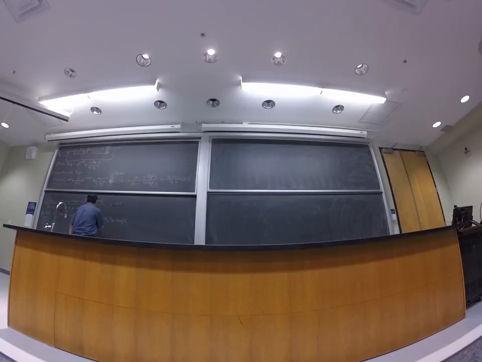Zeroth order, this doesn't have anything, this is the only one, and that's 1 times 1 times 7 Kc, plus 7 Kc equals 0.